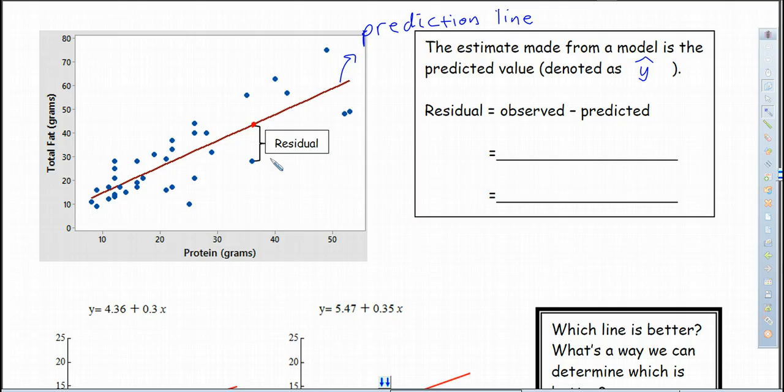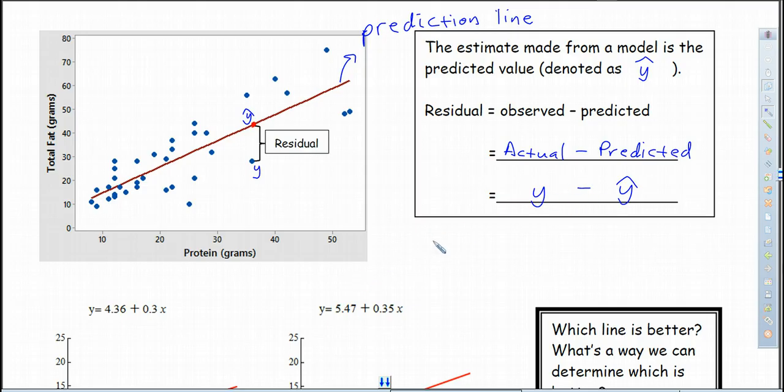And the residual, the distance here, we measure this as saying the observed minus the predicted, or if we prefer, we might say the actual data point, what actually happened, minus what we predicted to happen. And if we're looking at the actual here, this is the actual y value, and this is our predicted value. So we could say that this is y minus y hat.